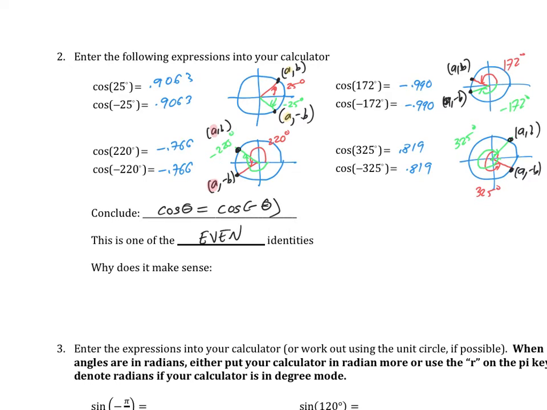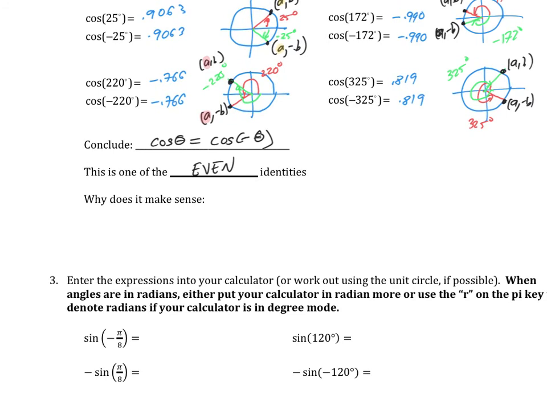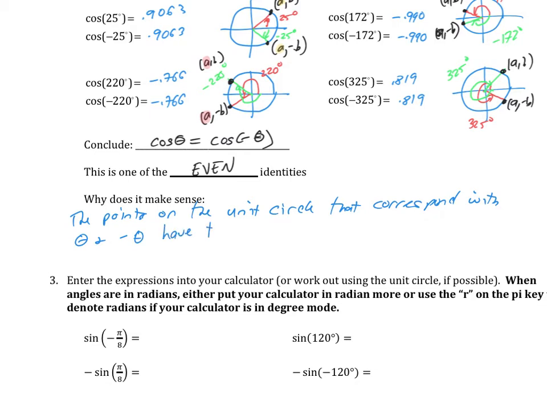We did the justification using the unit circle, but if we want to write out why this makes sense, I would say that the points on the unit circle that correspond with theta and negative theta, whatever angles they are, have the same x coordinate, which means they have the same cosine value. So we can conclude that cosine of theta is equal to cosine of negative theta.